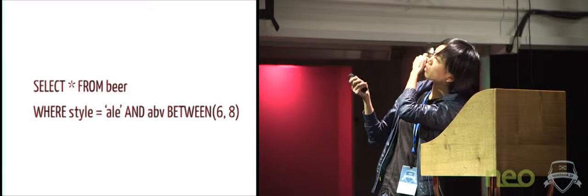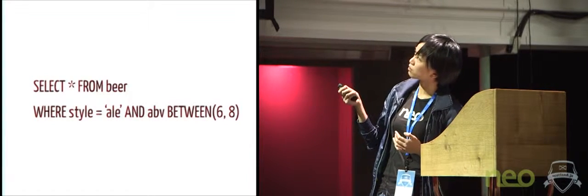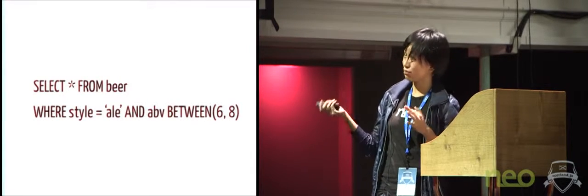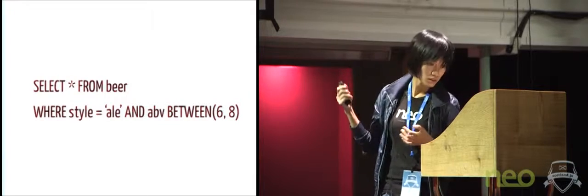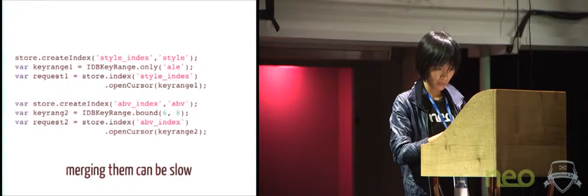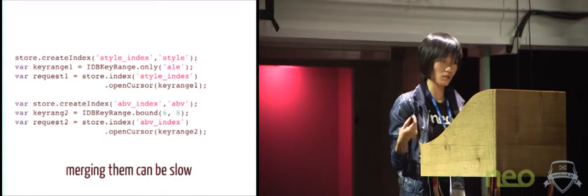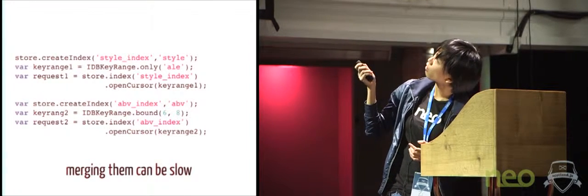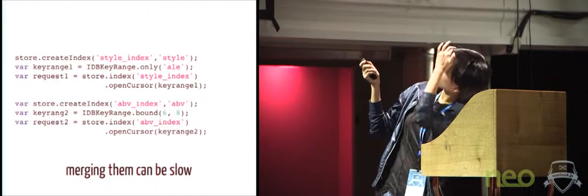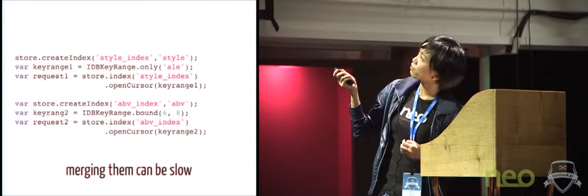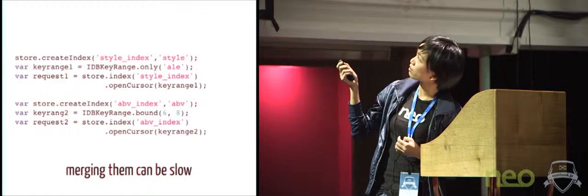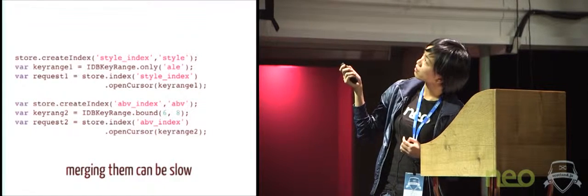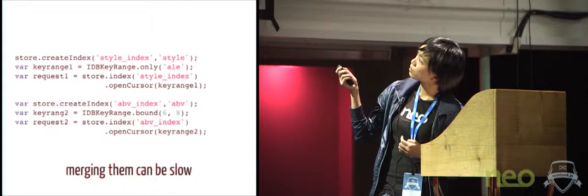So here I try to get all the beer with a particular style and the ABV, alcohol by volume, between 6 to 8. A naive way to model this data is to create two indexes, one on the style property and get a key range which selects only this value, and open a request on that index with a particular key range.